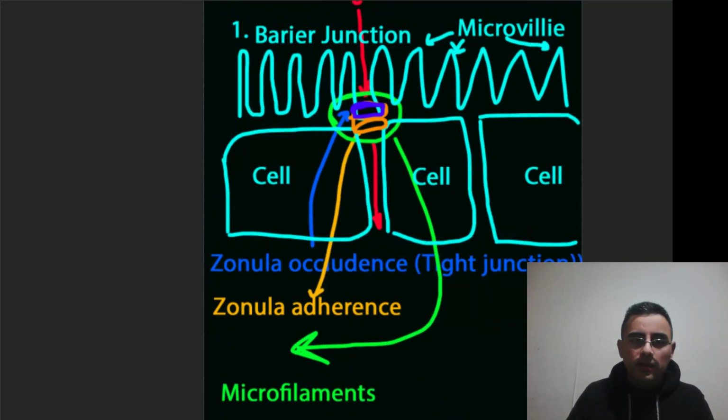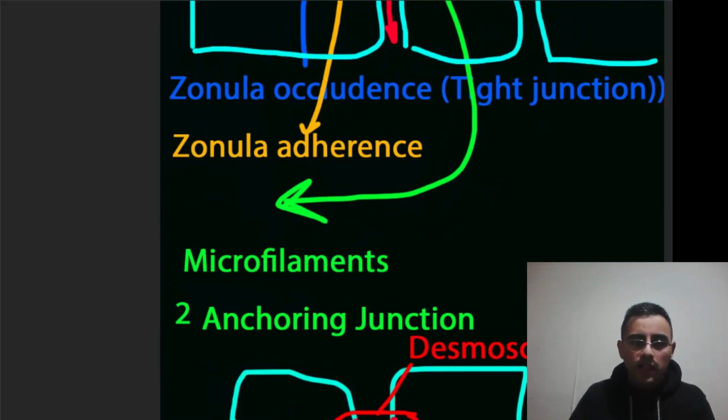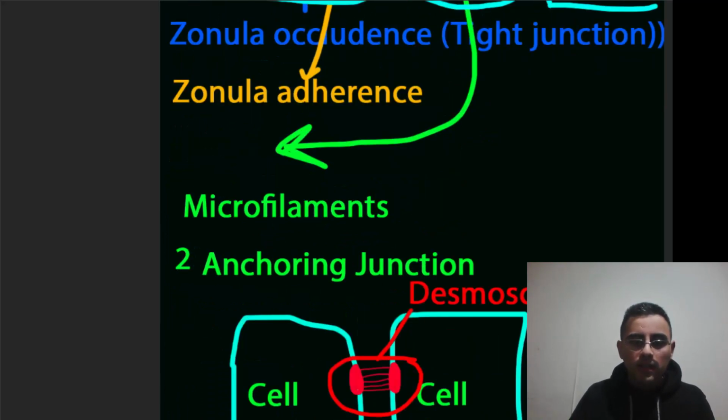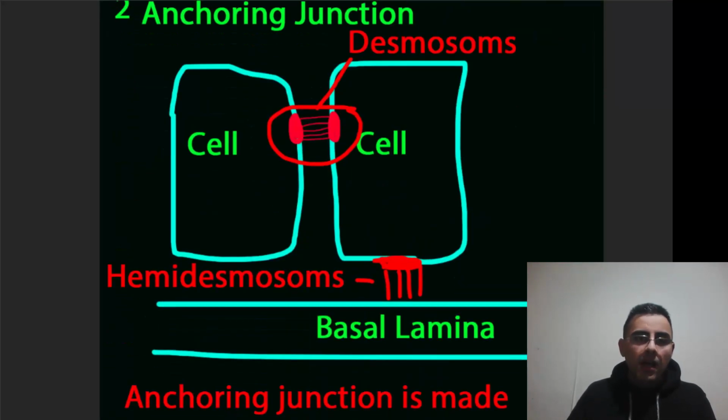These barrier junctions are barriers for paracellular transport, and this is made of microfilaments, a cytoskeletal structure made of globular proteins. The anchoring junction is between cells and the basal lamina or other connective tissue.